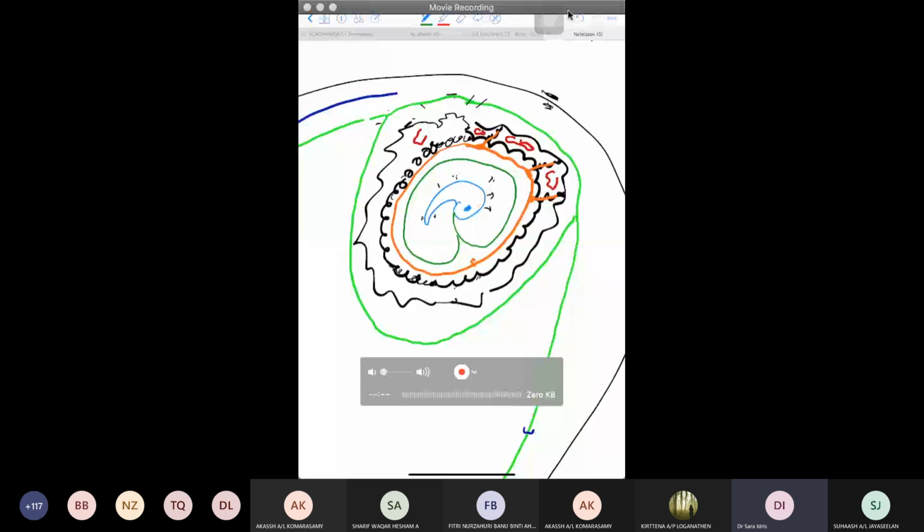So you have this growth of your amniotic cavity, that will push the connecting stalk.